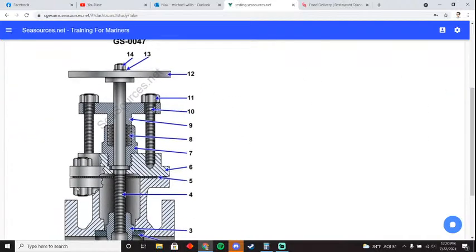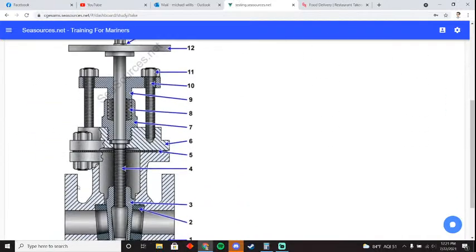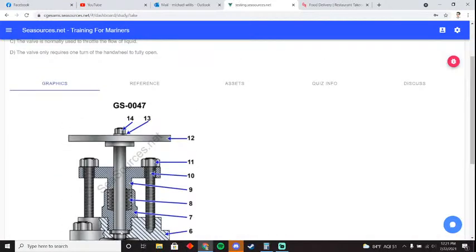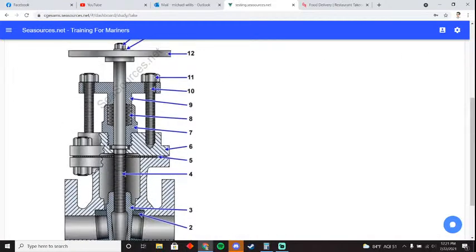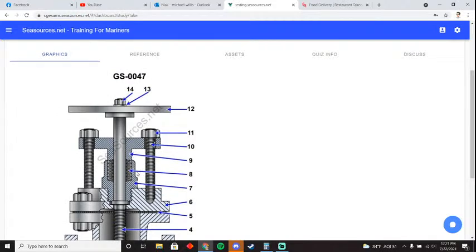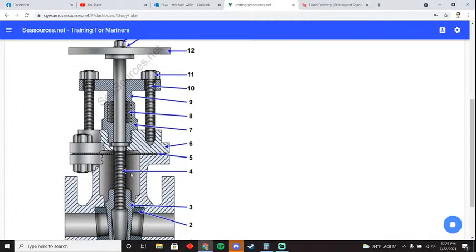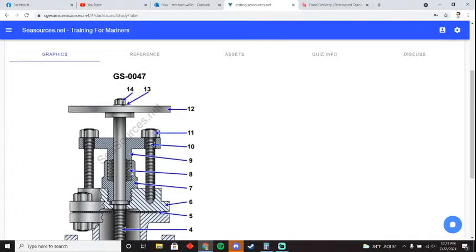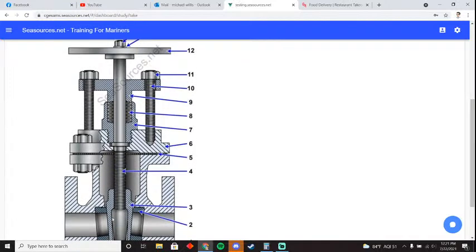Normally on a gate valve, the stem would go all the way through, and you would have your valve packing right there, which keeps the liquid in here from going up and leaking out of the valve.